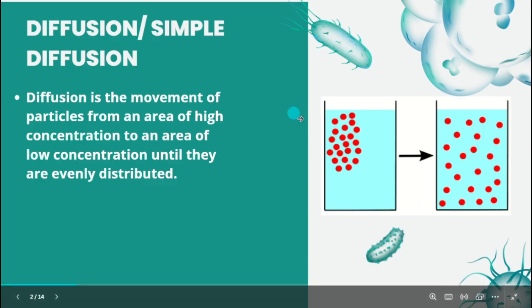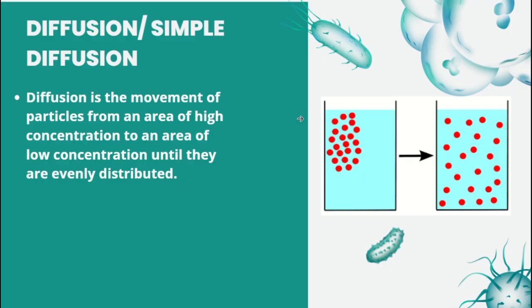Right, so that's basically our definition for diffusion slash simple diffusion. They're about the same thing, but just remember, high concentration to an area of low concentration, and the goal is always for it to be evenly distributed. It doesn't want everything bunged up in one corner, right? So for example, you see these balls, these could be molecules of something, and they're literally concentrated in one area.